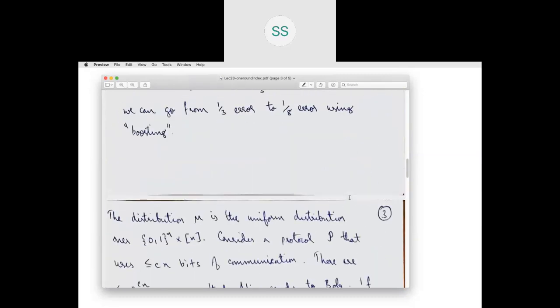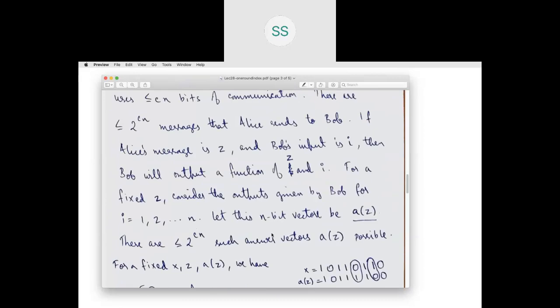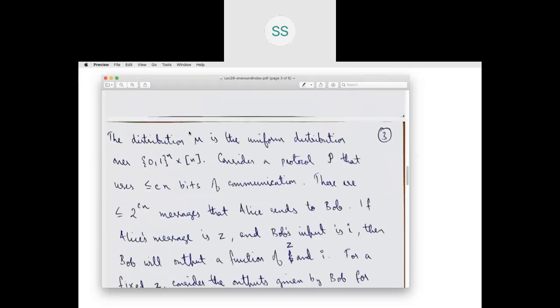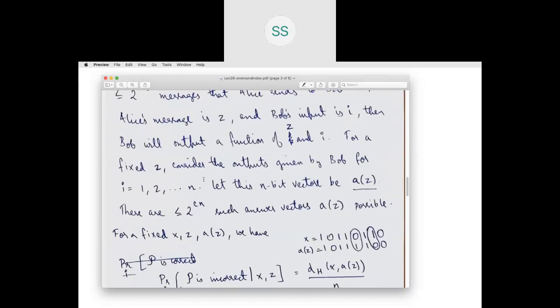So maybe I will just recap. For each input x, Alice will send a vector z to Bob, and there are at most 2^(cn) such vectors z possible, and for each z that Bob gets, he will construct an answer vector a_z, right?